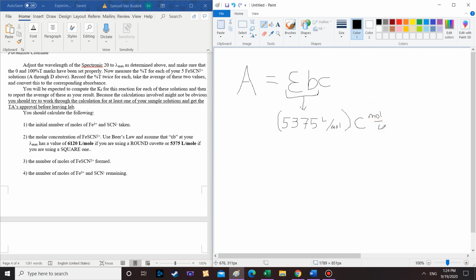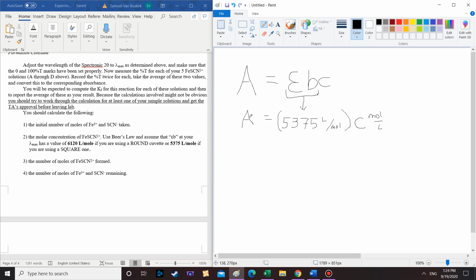That's important to point out because this is all equal to A. Remember, when we were doing the absorbance versus wavelength, I said absorbance doesn't have any units. This is why: this constant has units of liters per mole and concentration is moles per liter. If these multiply together, those cancel out and leave us with just absorbance with no units.